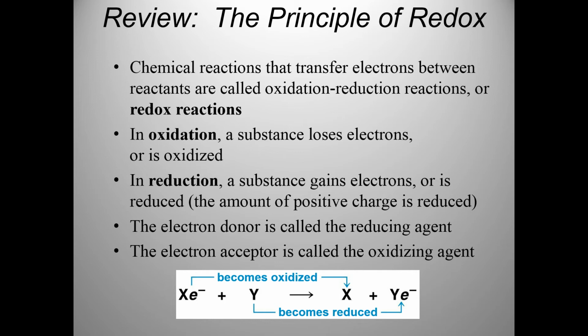So if in a chemical process one reactant molecule is oxidized, the other is going to be reduced. If a molecule is giving up electrons or hydrogen atoms, it's becoming oxidized. If a molecule is gaining electrons or hydrogen atoms, it's becoming reduced.